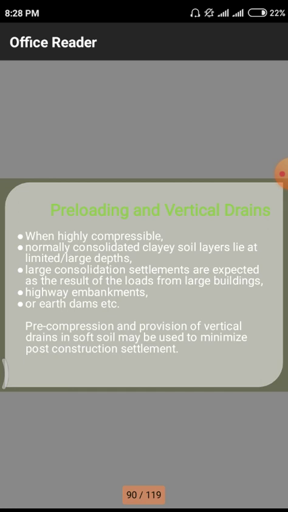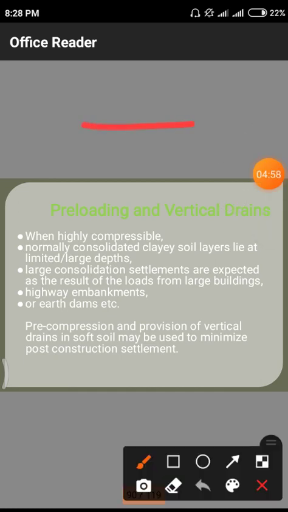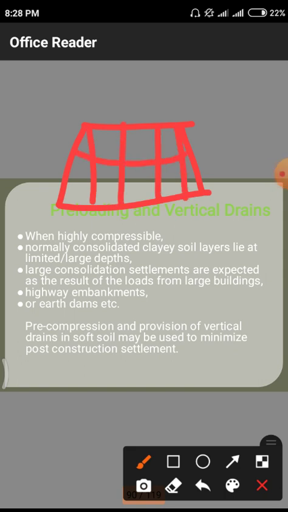And next is the earth dams. A huge amount of water force is applied on these earth dams, so in the embankments, the dam looks like this. This is the particular dam, having a certain number of gates and others. We have embankments like this.